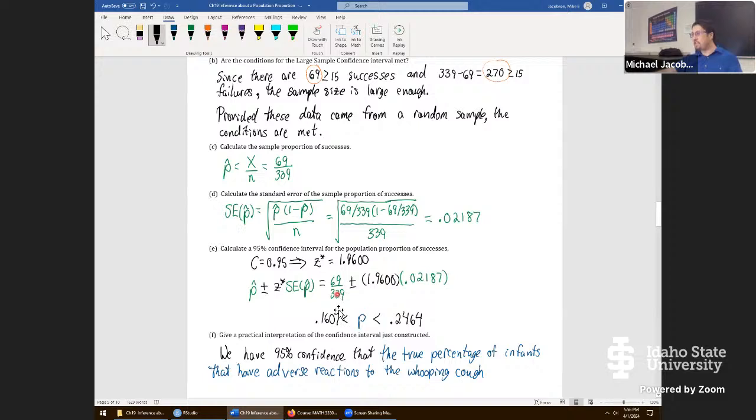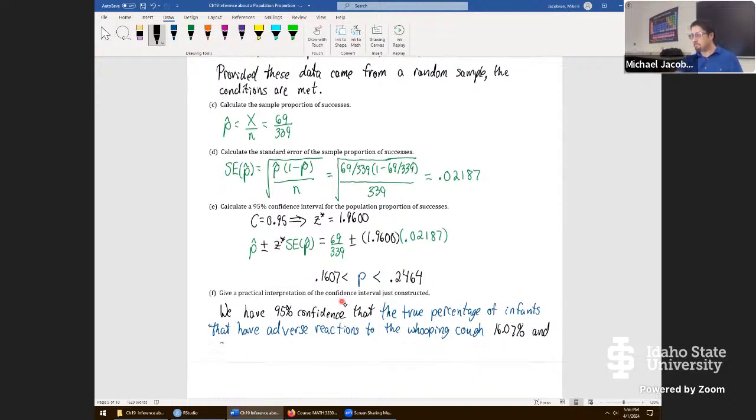So we took our P, and now we just say is between 16.07 and 24.64%.